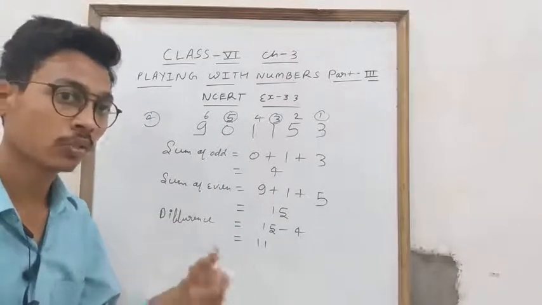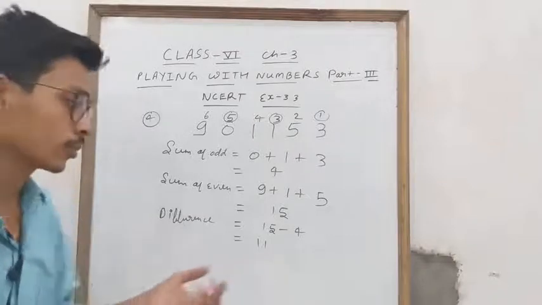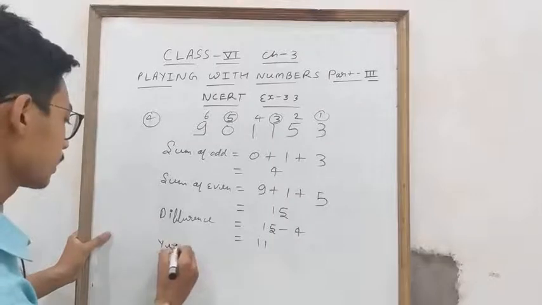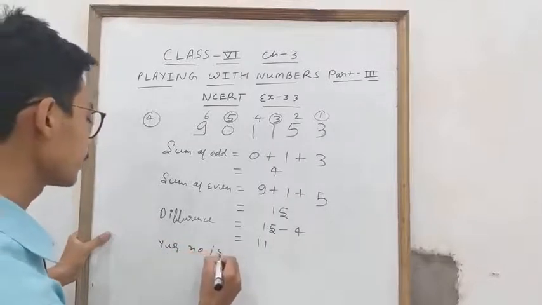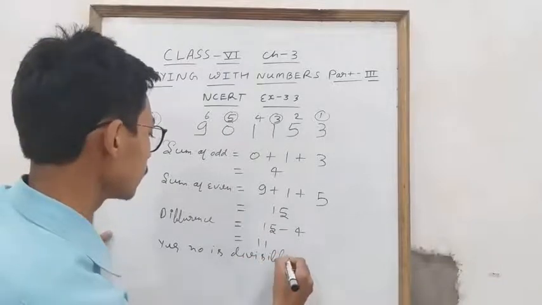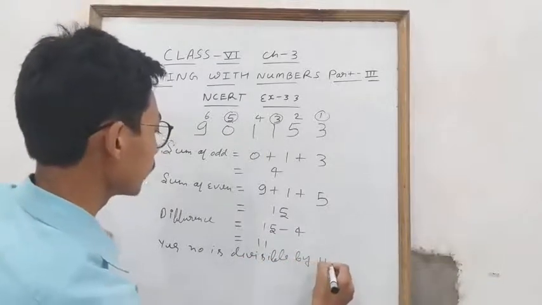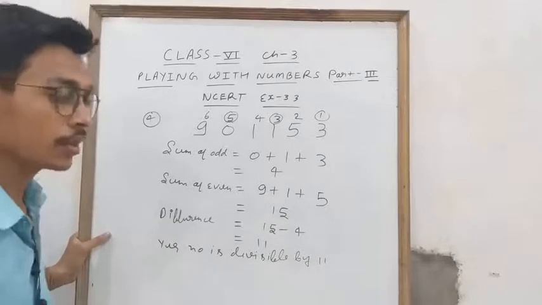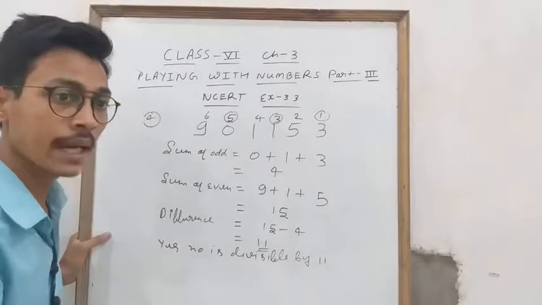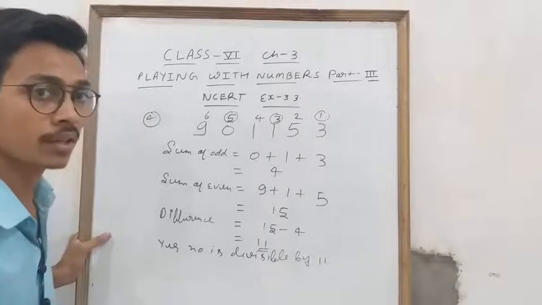So the number is divisible by what? 11. So you will write down that yes, the number is divisible by 11. Why divisible by 11 student? Because here the difference is 11. If the difference is 0 or a multiple of 11, you will write down the number is divisible by 11.